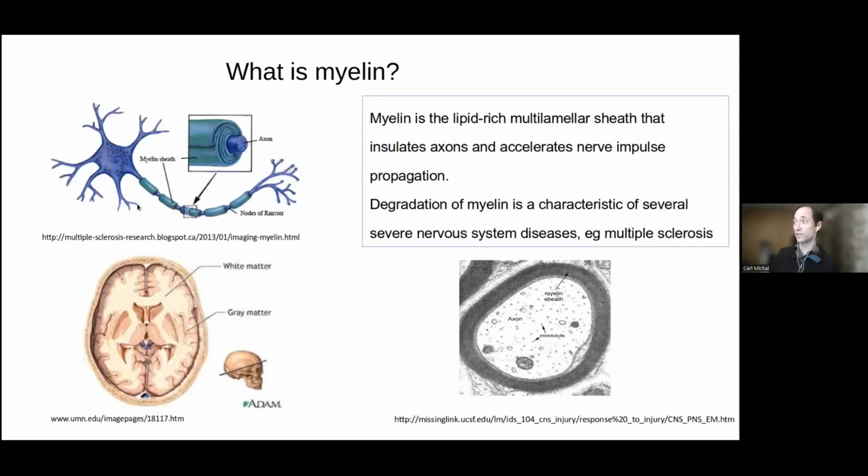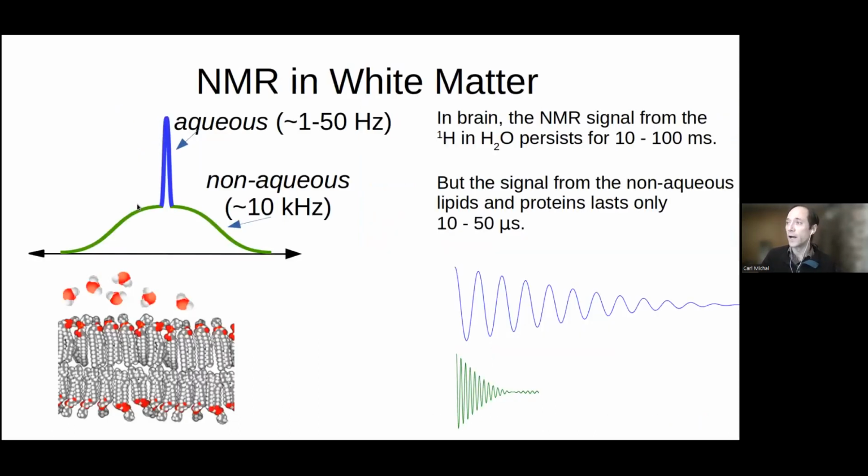Myelin, of course, is the lipid-rich multilamellar sheath that insulates axons and accelerates nerve impulse propagation. I'm not going to say a lot about myelin because I assume most everybody here has some understanding. But I will turn to NMR in white matter. If we were to collect an NMR spectrum in white matter, the signal has two main components.